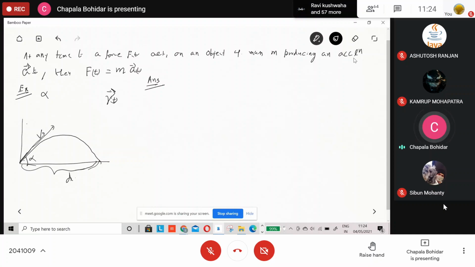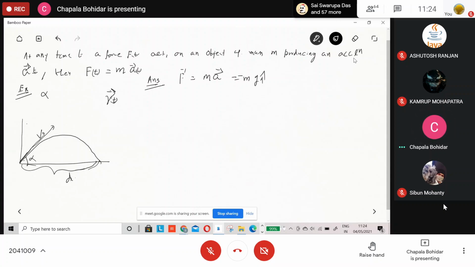Force is equal to, already we know, mass into acceleration. The force due to gravity acts downward, so we can write mass into minus g j.